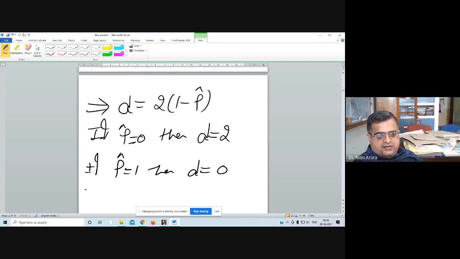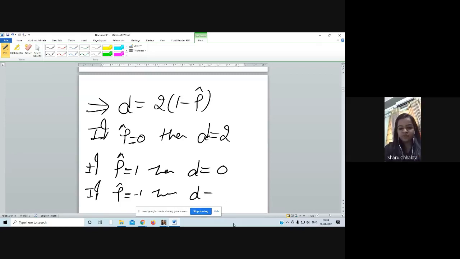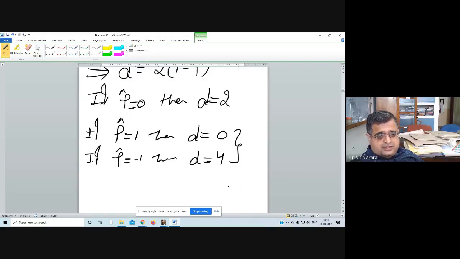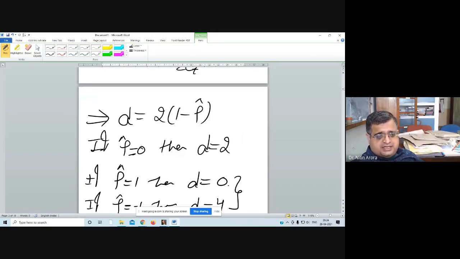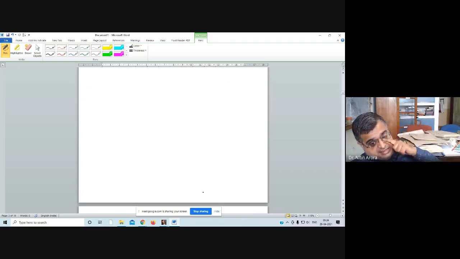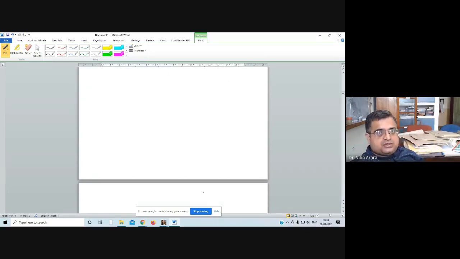If rho cap is equal to minus 1, then what would be Durbin-Watson? 4. So, children, this is the case. As Durbin-Watson becomes near 0, as it falls, we say autocorrelation rises. As it goes near 2, we say the autocorrelation is falling.